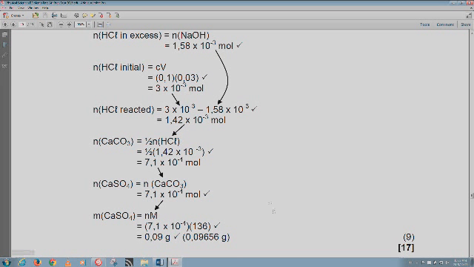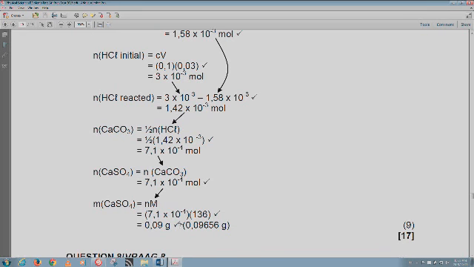And then for calculating the mass of calcium sulfate, substituting the 136 of the molar mass in n equals mass over molar mass, the learner will get the 8th mark, and then the final answer must be 0.09656 grams.